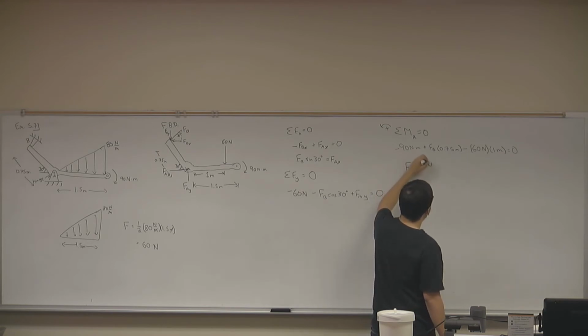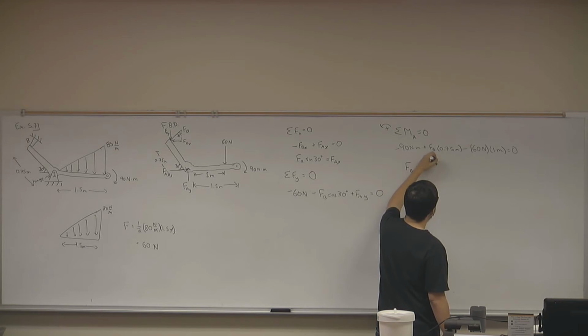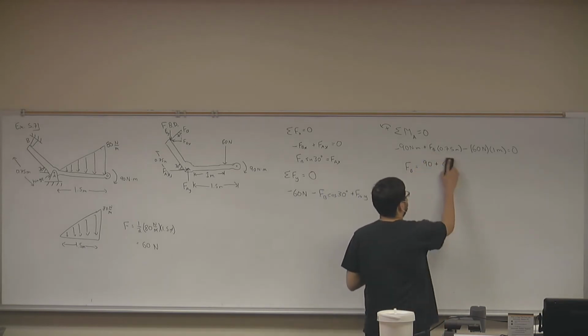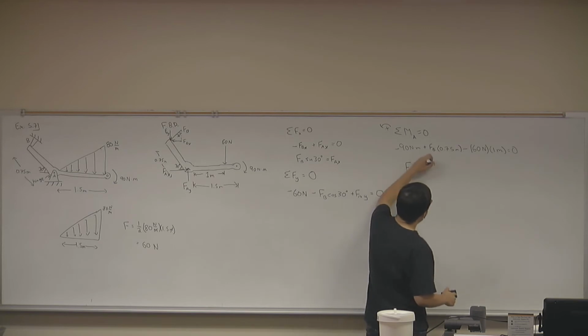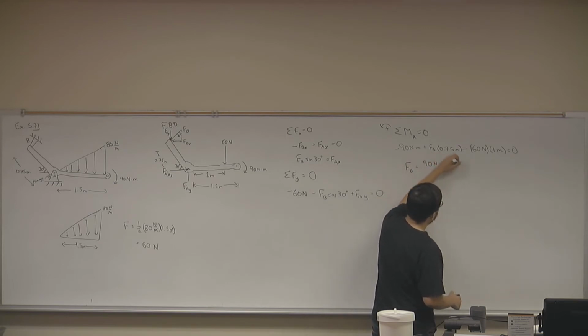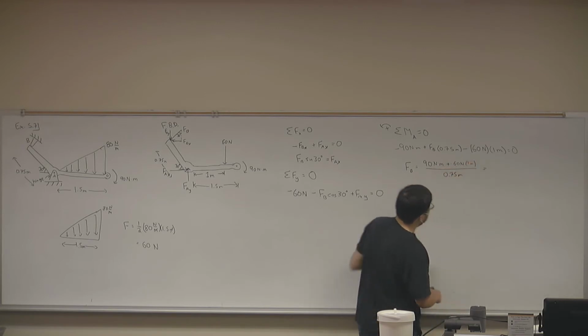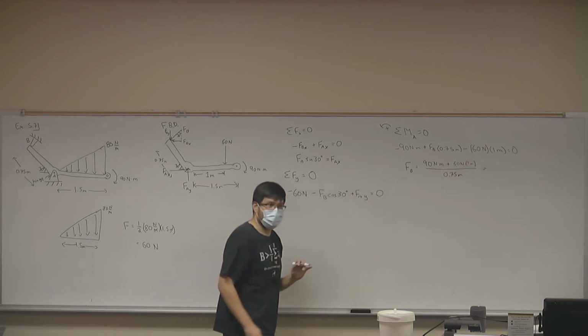So 90 plus 60 divided by 0.75. This may seem redundant, but I encourage us to always write down our units. We may not need it now, but in the future we will need to understand why we're canceling things. But other than that, you're good.